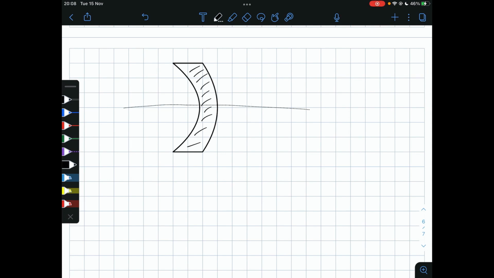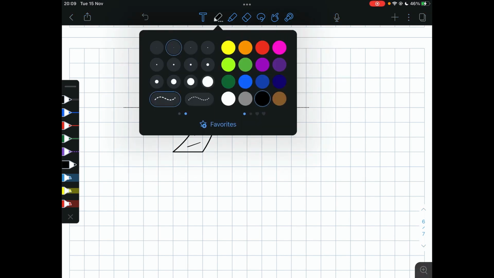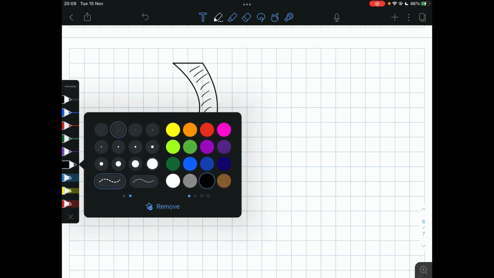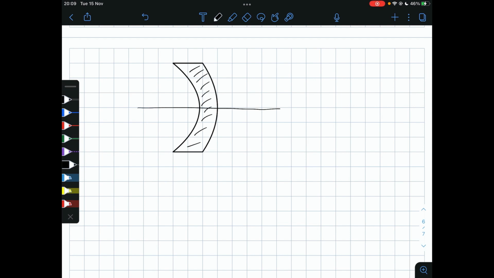We have the optical axis here. Let me draw it not as dots, but as a straight line. Sorry, it's not a dot, we need a straight line.